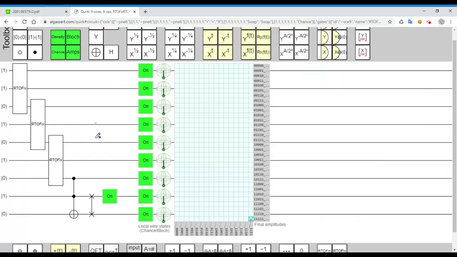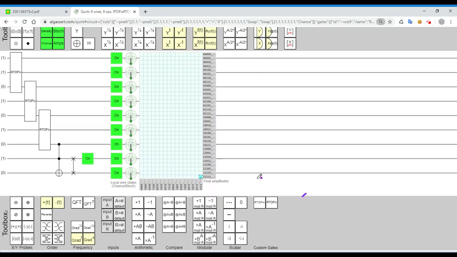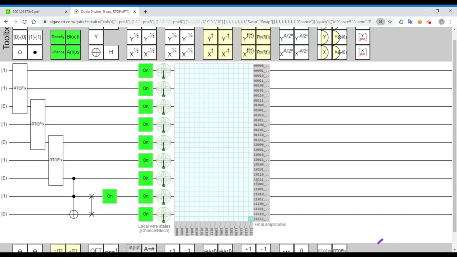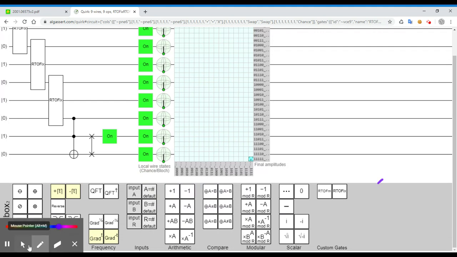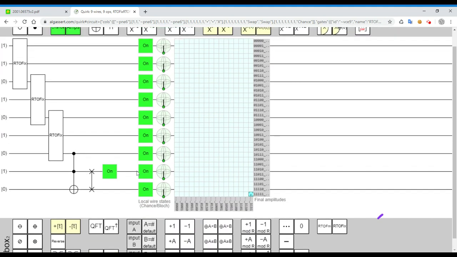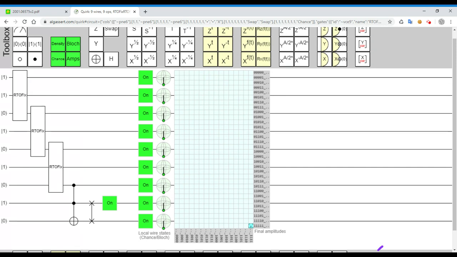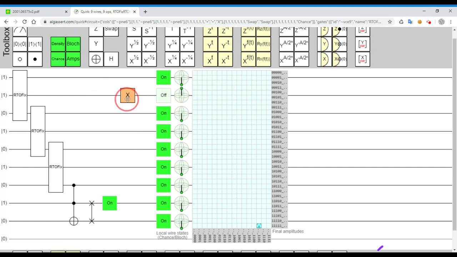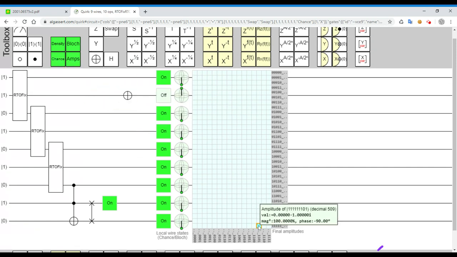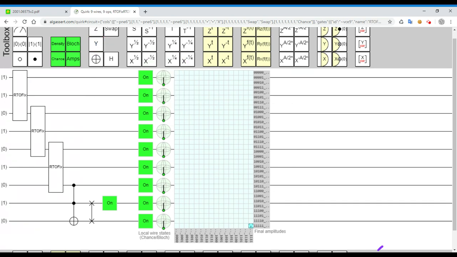If I now wanted to use the other qubits, I need to zoom out, I think. Sorry, here. If I know where to do something like that, I don't know why. Do I really need to uncompute?